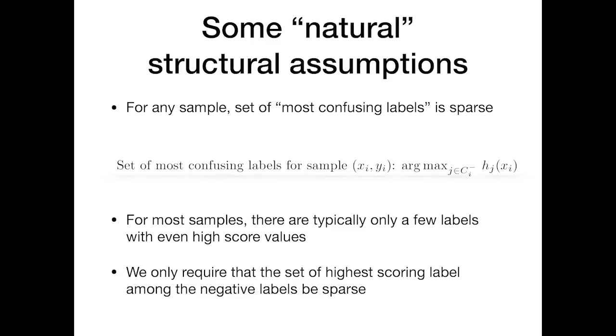I'm just assuming that the set of most confusing labels is sparse. In other words, it's not the case that all the negative labels attain an equal and high value. So if you think in terms of this optimization problem that I have here, I'm not going to assume that the maximum is attained at a unique label, but the set of labels at which it attains this maximum is small.